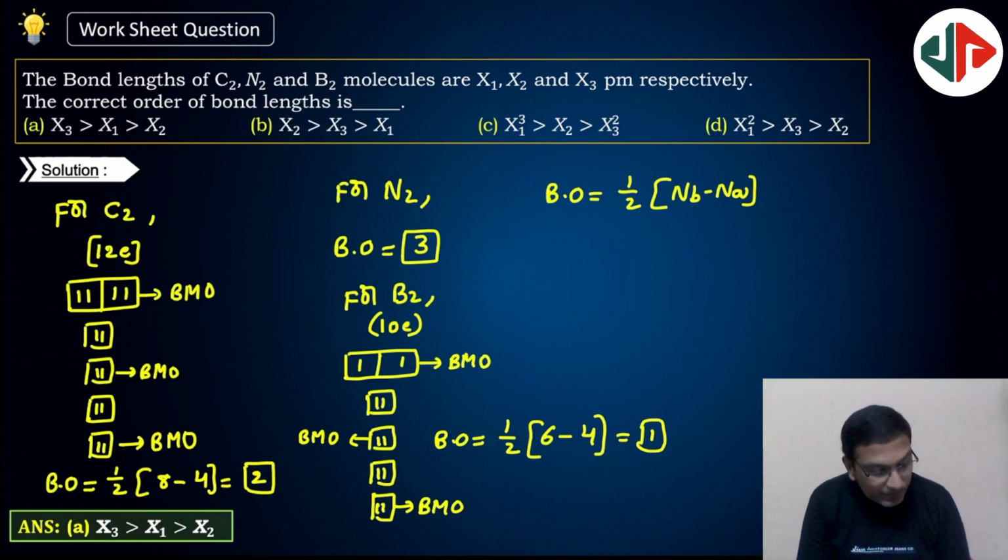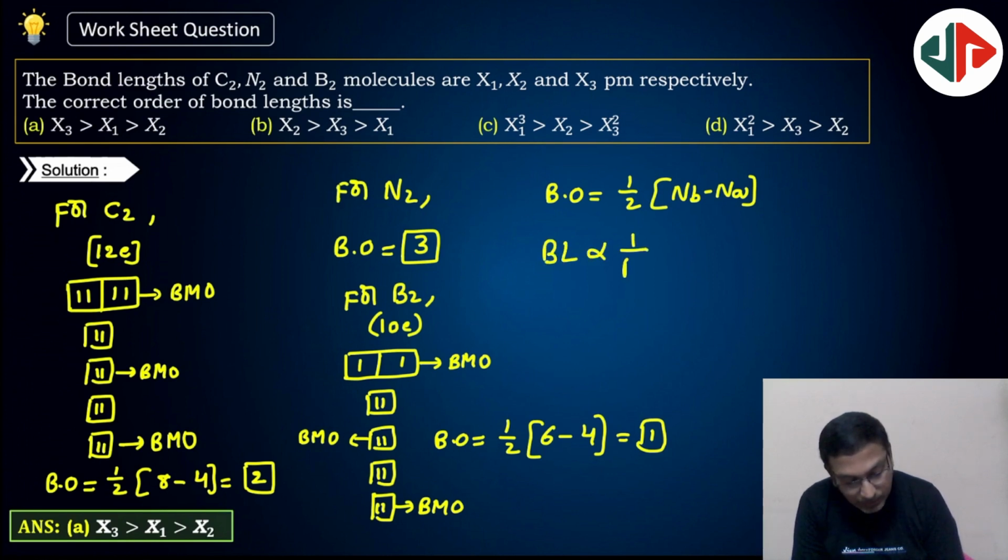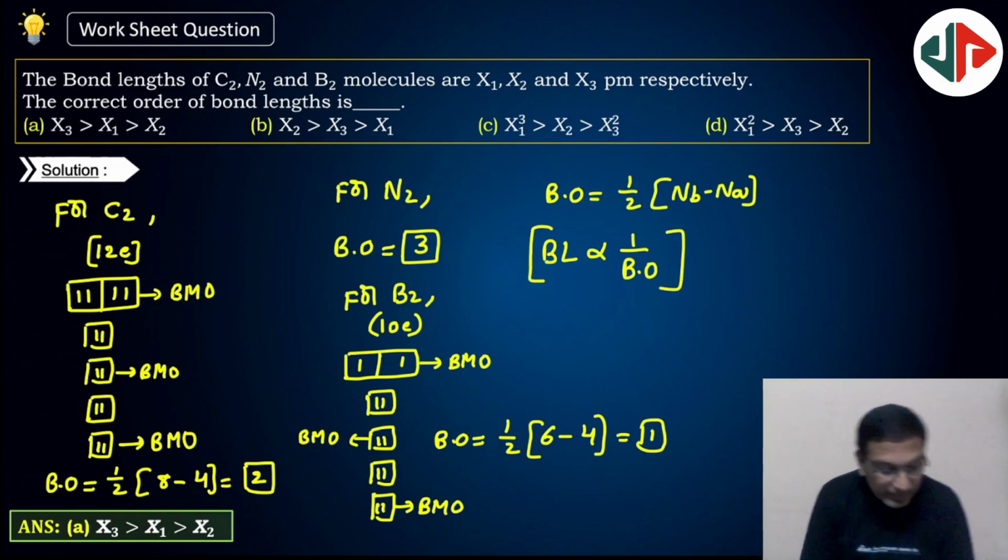We know bond length is inversely proportional to bond order. Remember this. Bond order is highest for N2, therefore bond length will be least. Therefore, the order will be A. If bond order increases, bond length decreases.